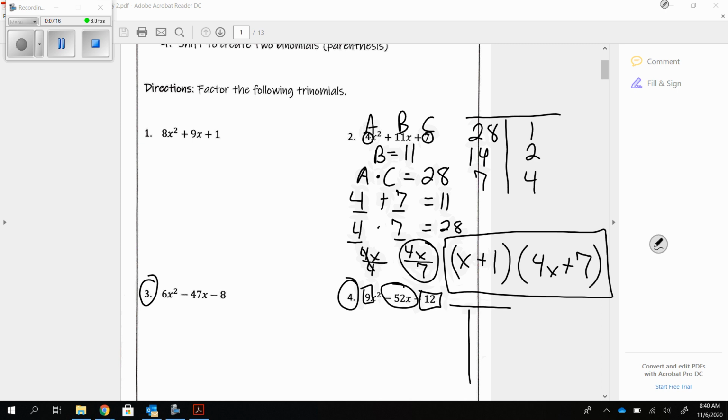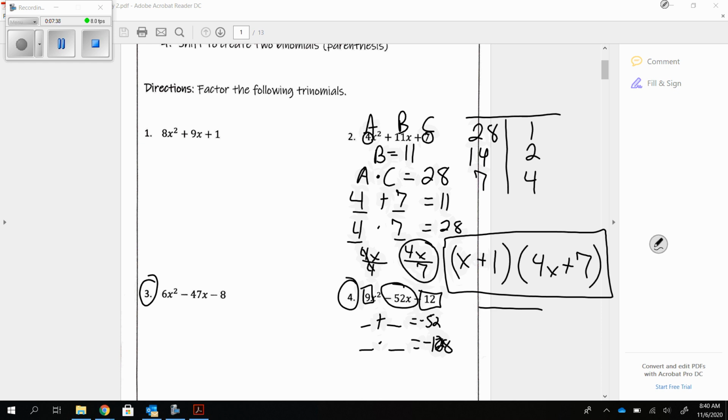So what can add up to negative 52, but when multiplied is equal to A times C, which is 9 times negative 12, negative 108. So we need to make a chart to see what can multiply to 108.